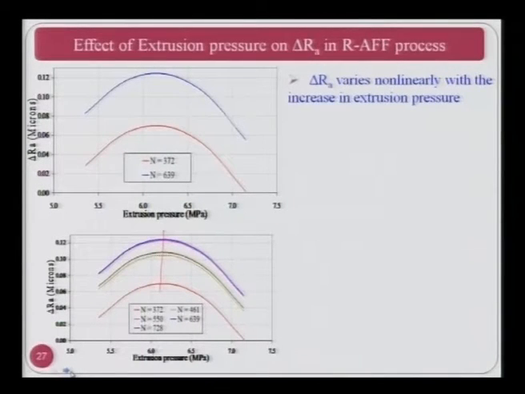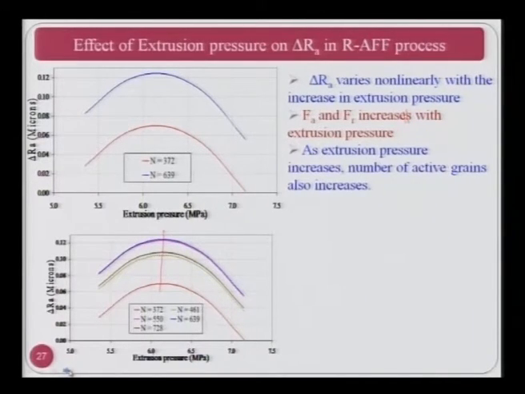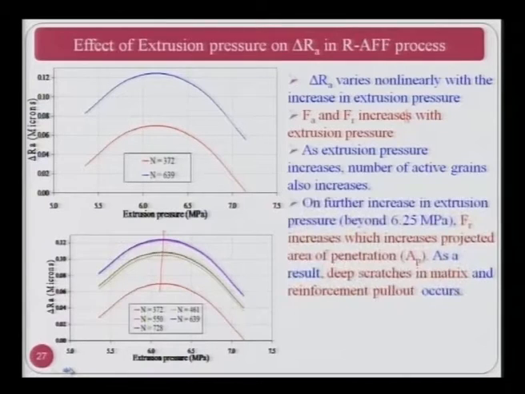Delta RA varies non-linearly with the increase in extrusion pressure, as is clear from both the figures. FA and FR increase with extrusion pressure, and as extrusion pressure increases, the number of active grains also increases, and that simply means the finishing rate will also increase.